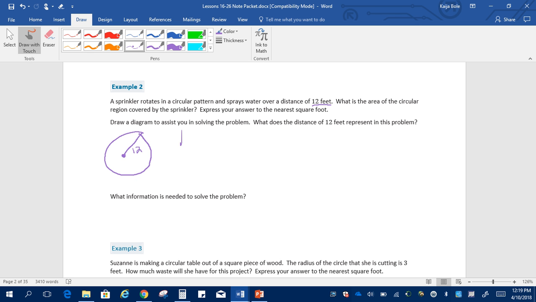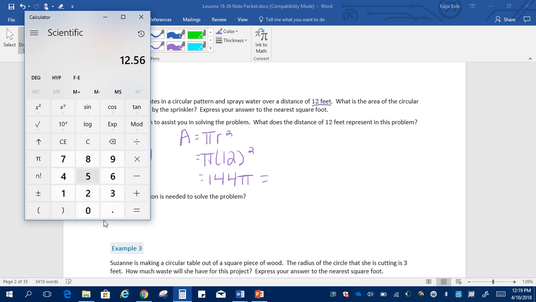To find the area, we have A equals pi r squared. We plug in 12 for r, so we're going to have 12 squared. So this would be 144 times pi. If you plug that in your calculator, 144 pi, you get, oh, that didn't work very well.